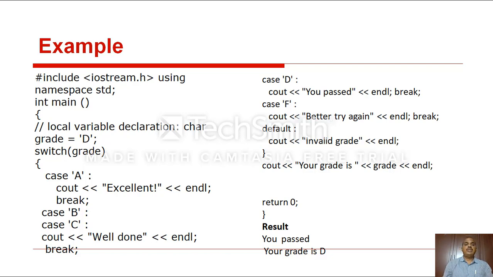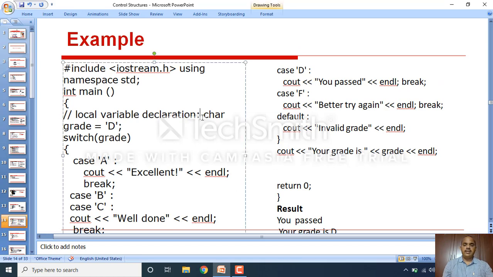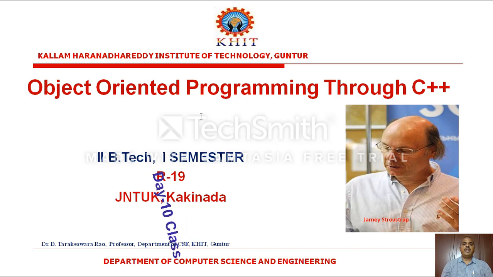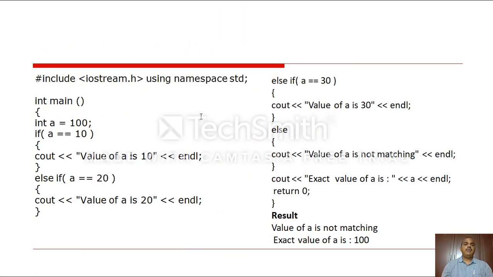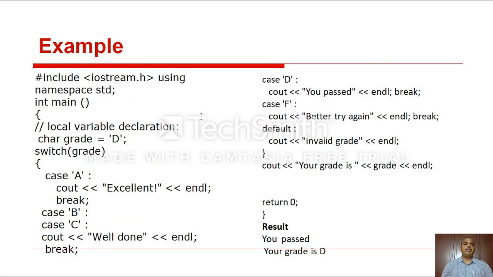So character grade equal to D. Clear? So here D is assigned into the grade memory location.